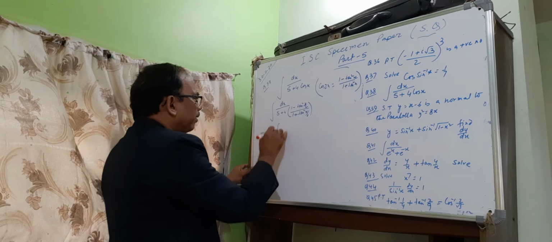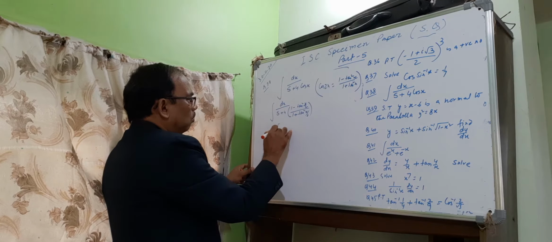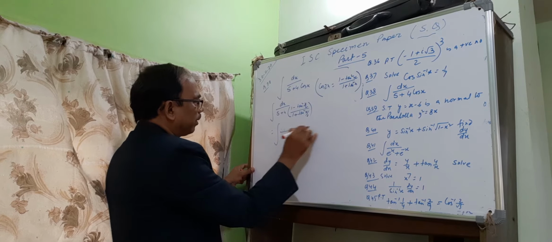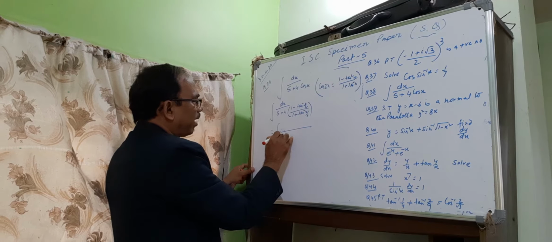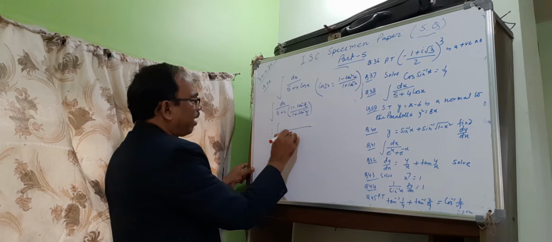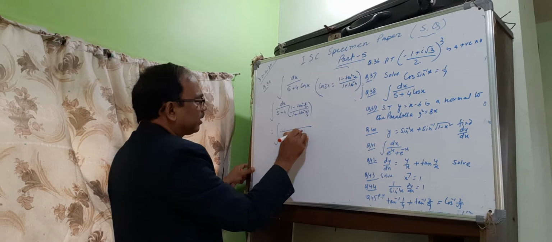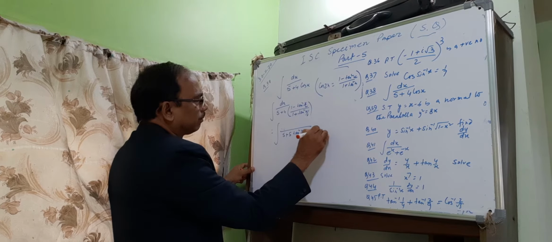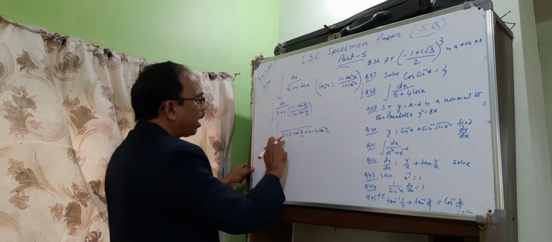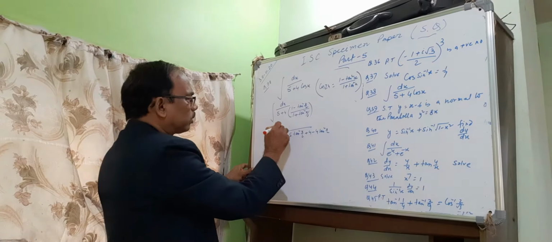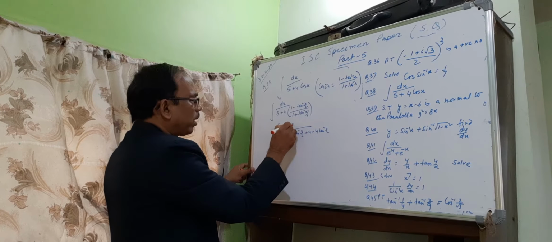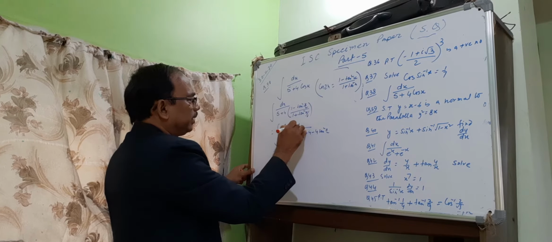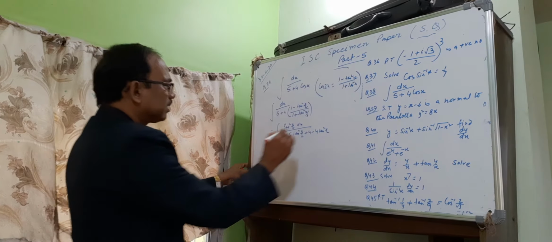Now we can write, over 5 plus 5 tan square x by 2 plus 4 minus 4 tan square x by 2, by 1 plus tan square, that is sec square x by 2, that will go off, sec square x by 2 dx. Now do addition and subtraction.